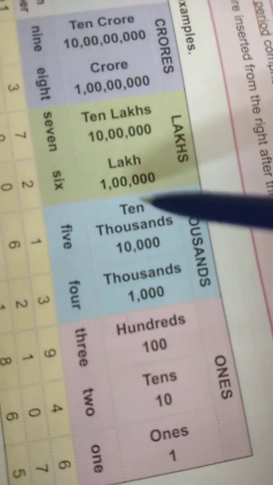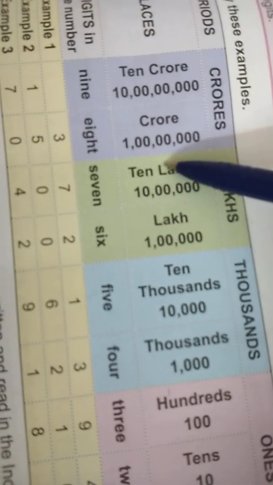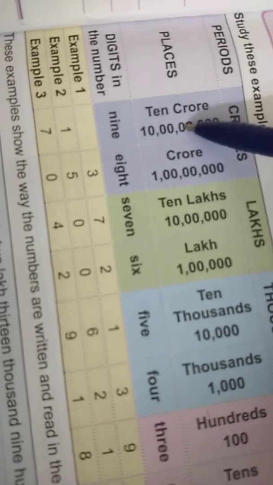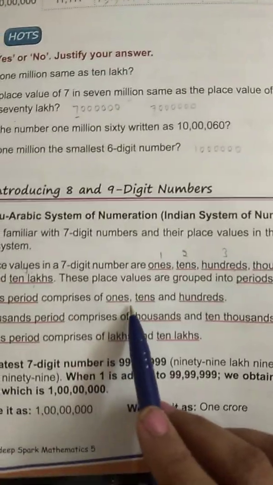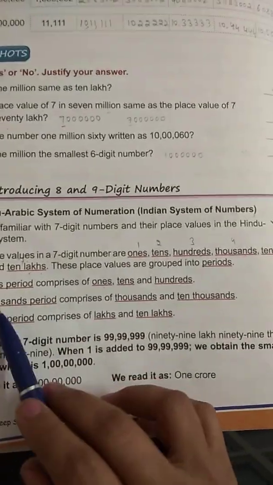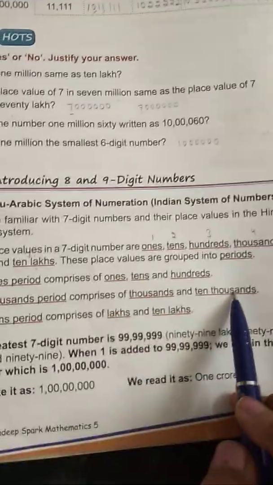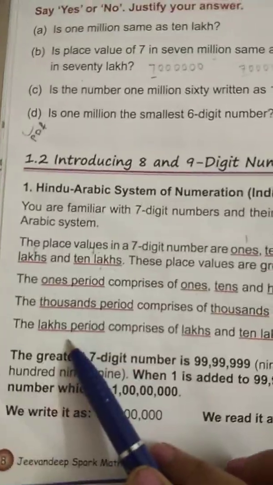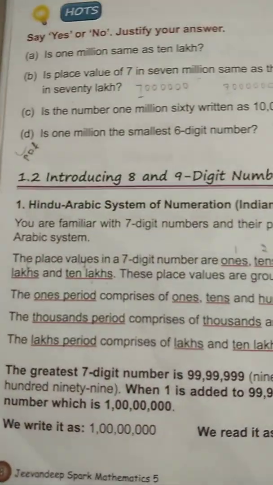Then 1000 and 10,000 form the second period, the thousands period. Then lakh and 10 lakh form the lakhs period. All of these come under the 7 digits.